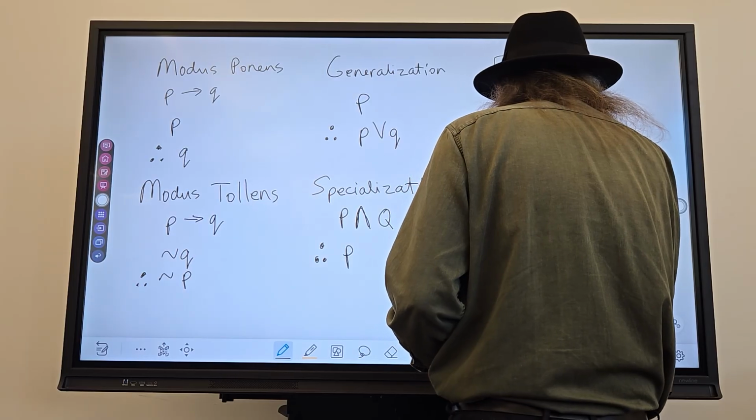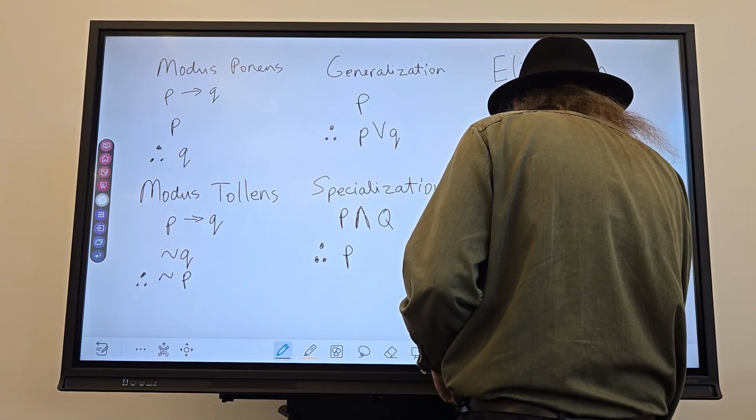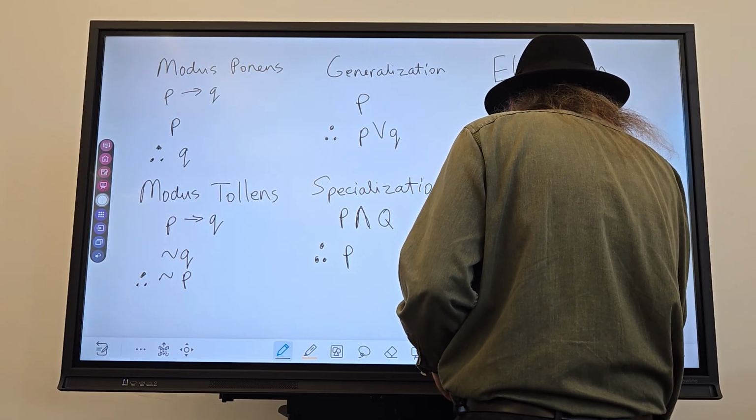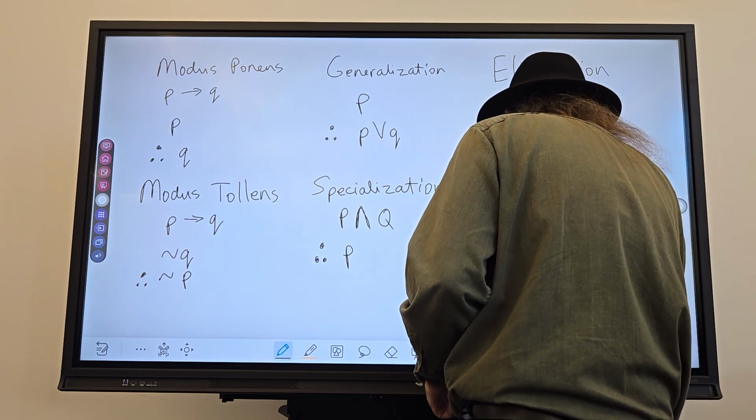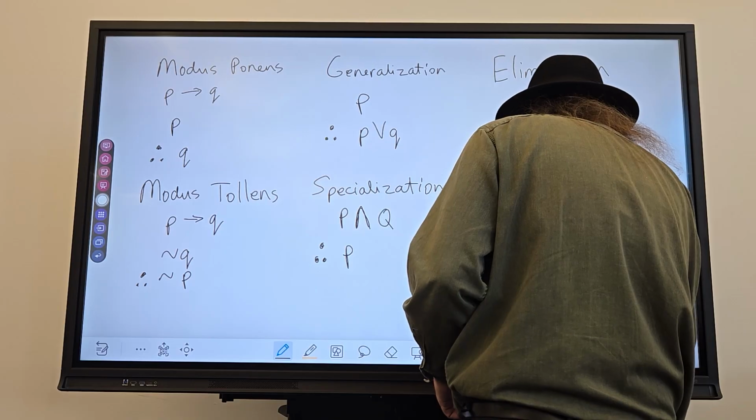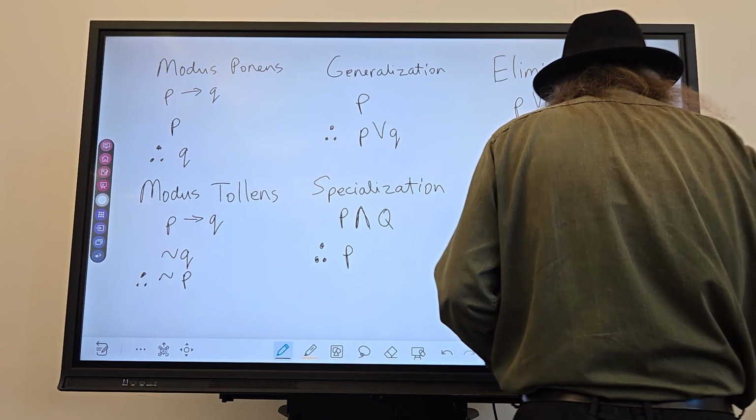If P, then Q, and Q, then R, therefore P implies R.